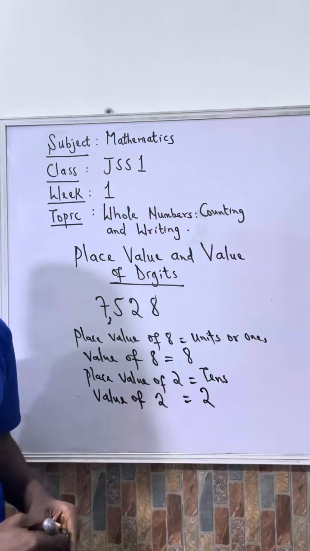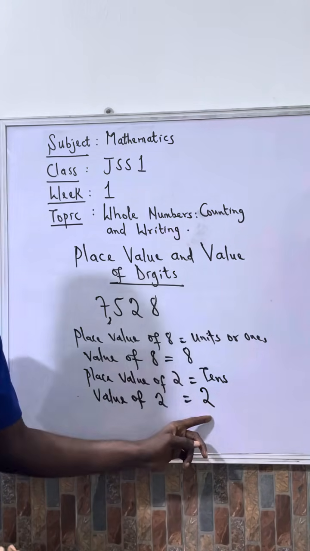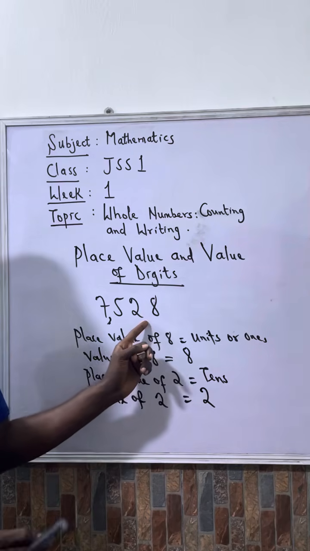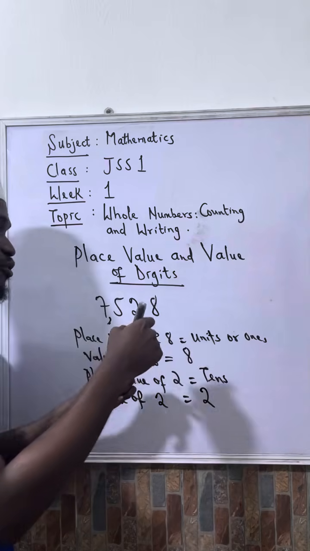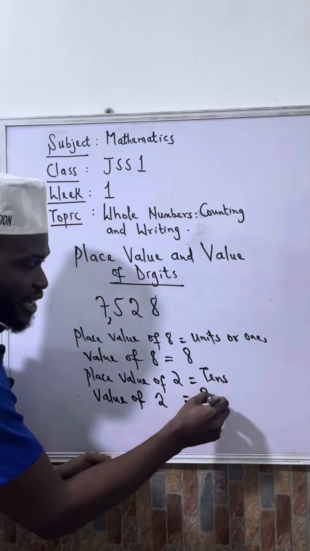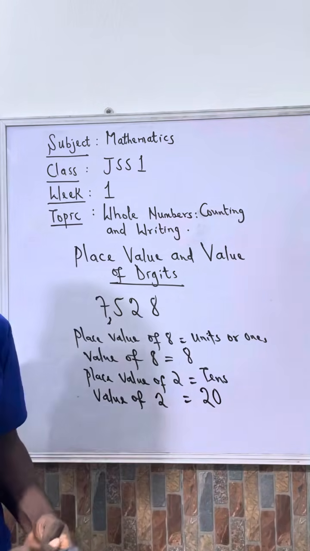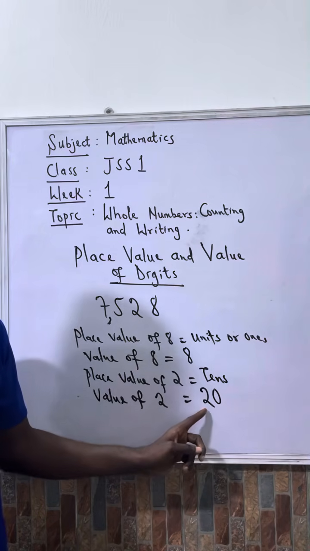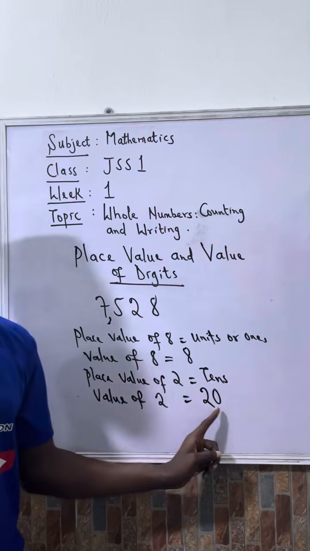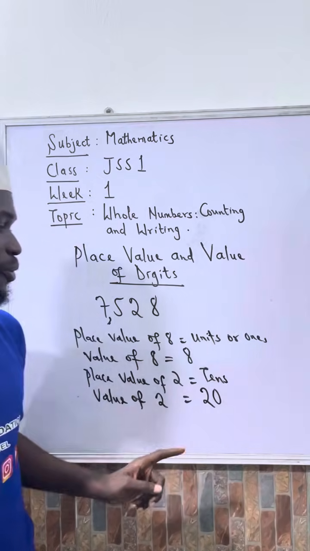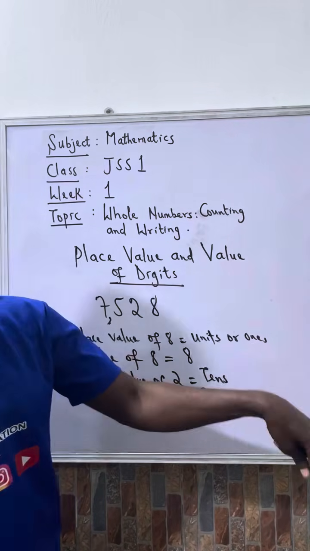Then after that, check if there is another digit after it. This is 8. Turn it to 0. Because we have only one digit after it, write it as only 1 zero. So this number now represents 20. It means the value of 2 in this number is 20. But the place value is tens.